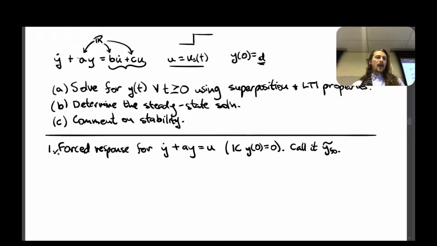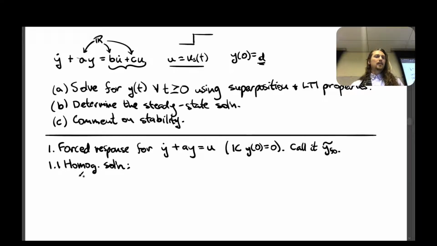The first step, so we'll call it 1.1, is to find the homogeneous solution.